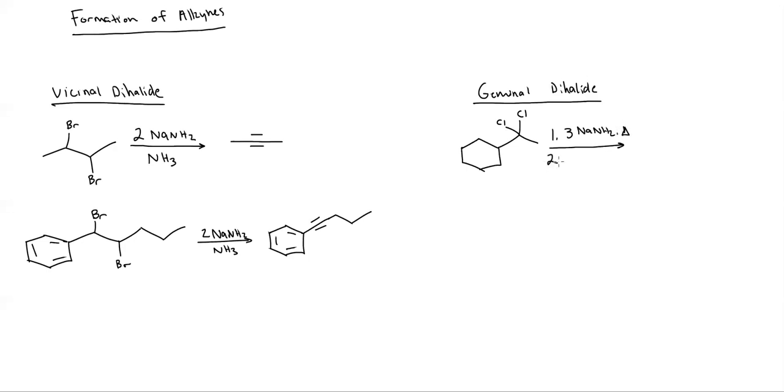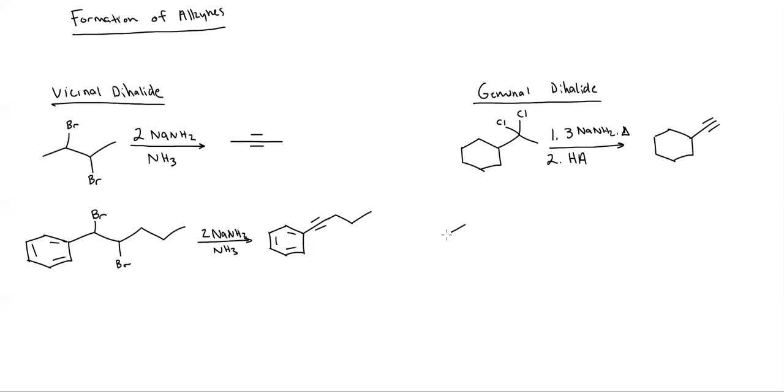Then as a second step, we throw in HA, which can be HBr, HCl, something like that. It doesn't matter too much, but we throw in some acid as a second step. This is just going to give us an alkyne. In this case, we can't form an alkyne with this carbon, so we form a terminal alkyne.